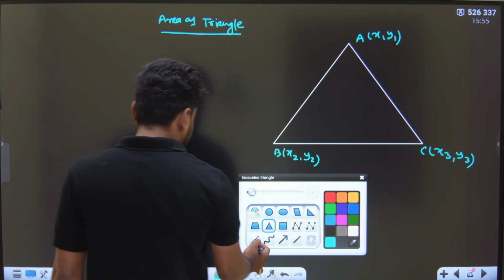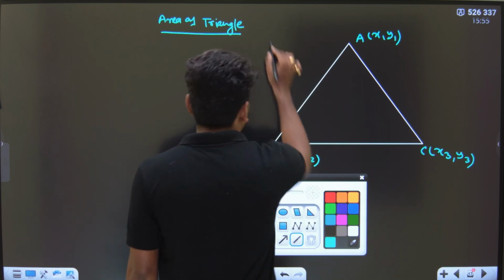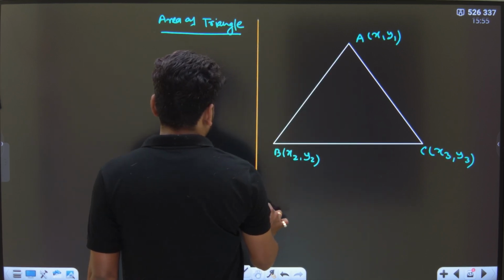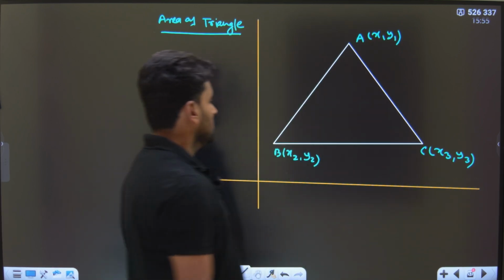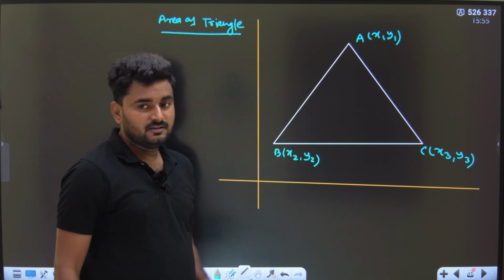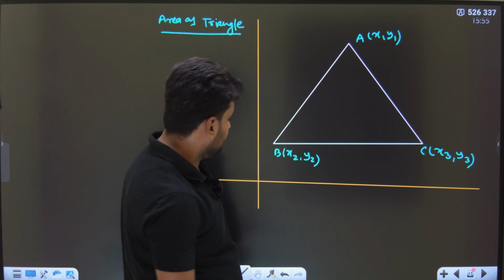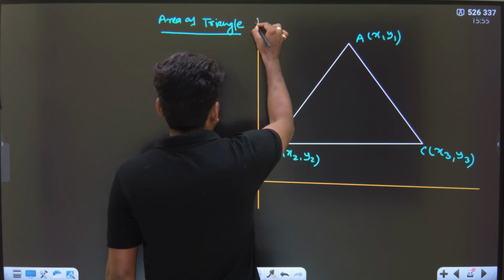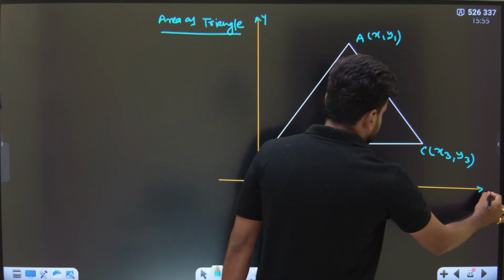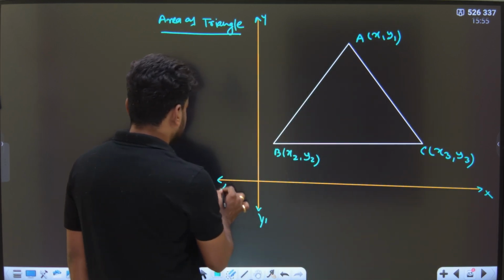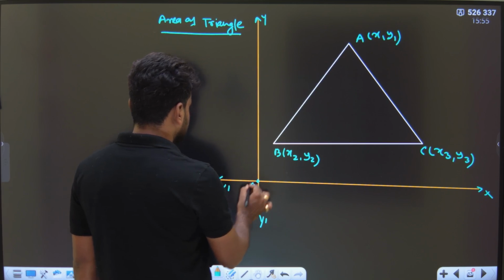Now suppose that this is our y-axis and this is our x-axis. And I want to find the area of triangle ABC. Suppose this is Y and this is Y dash, this is X and X dash, and this is our origin.